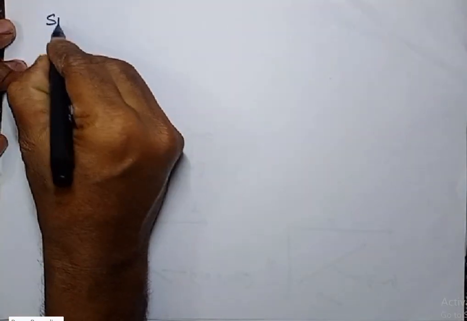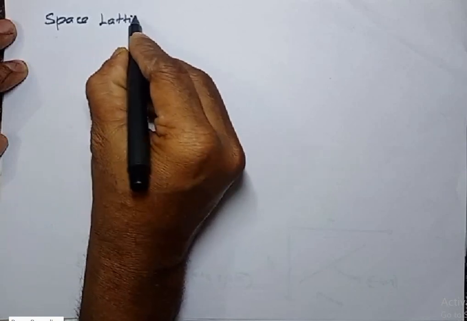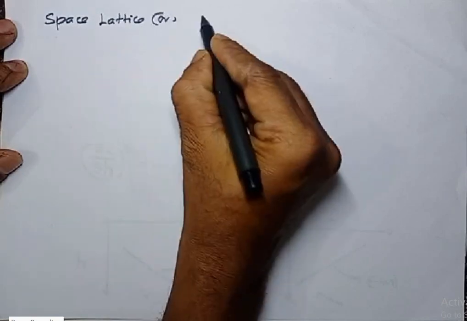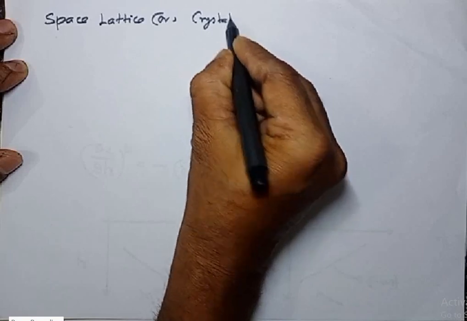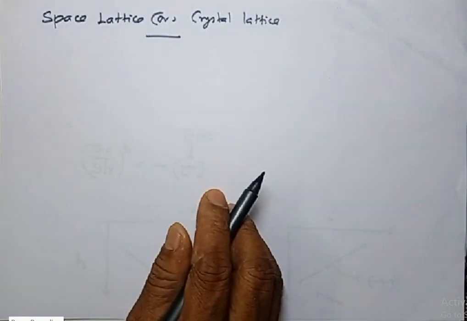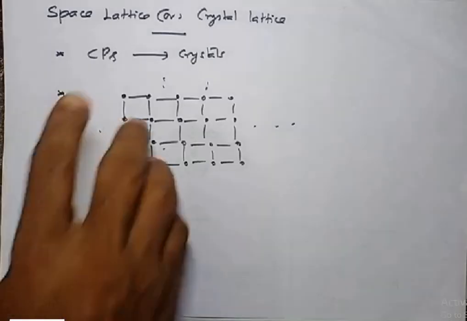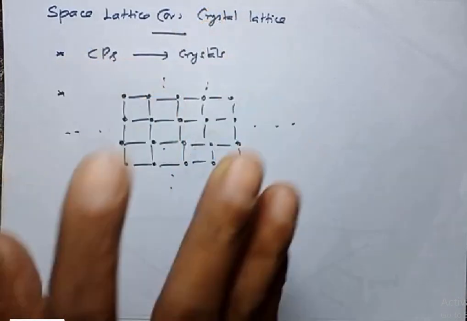What is called space lattice? What is meant by space lattice, also called crystal lattice? Take down: space lattice, also called crystal lattice. I'll repeat. What is meant by this?